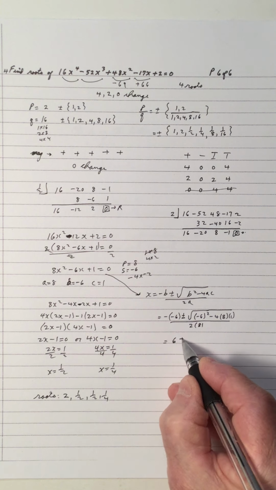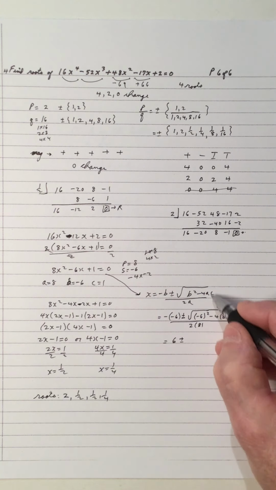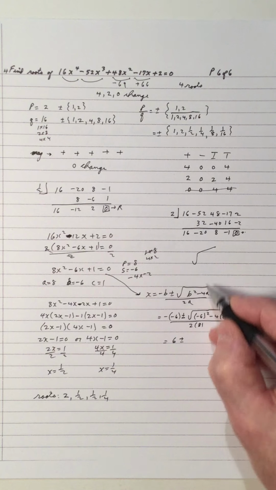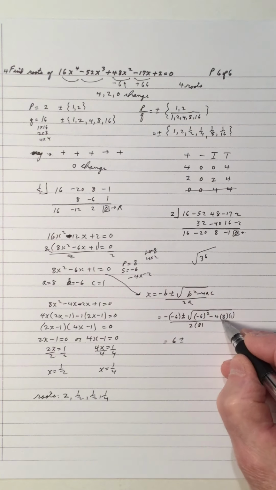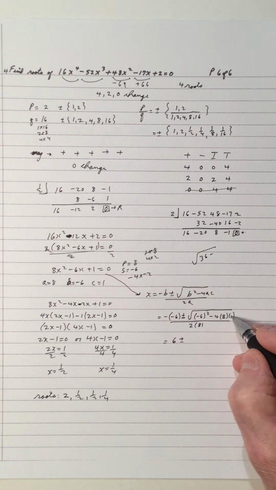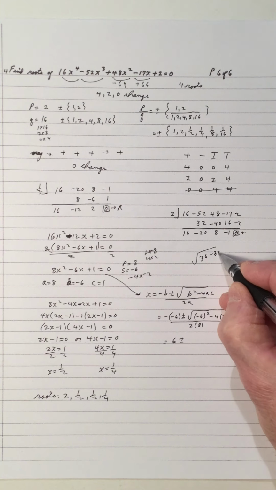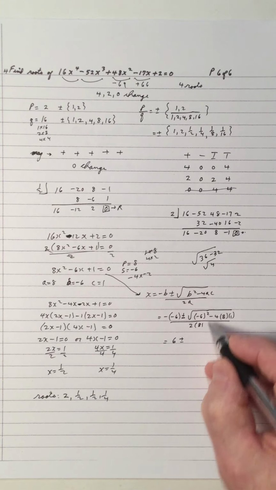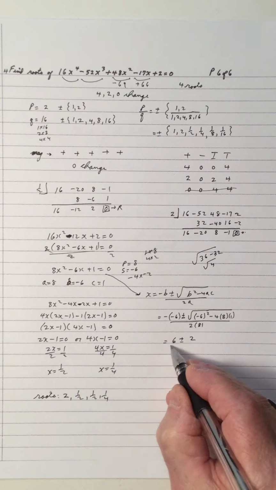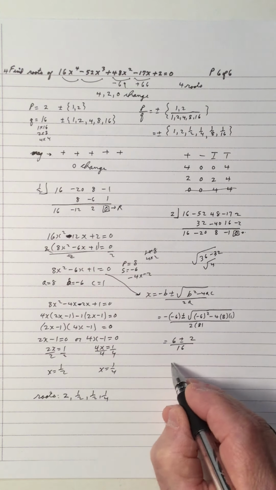So that's 6 plus or minus. And what does this become? I'll work it out up here. That's a 36. And 4 times 8 times 1 is 32. That's the square root of 4. So the square root of 4 is a 2 over 16.